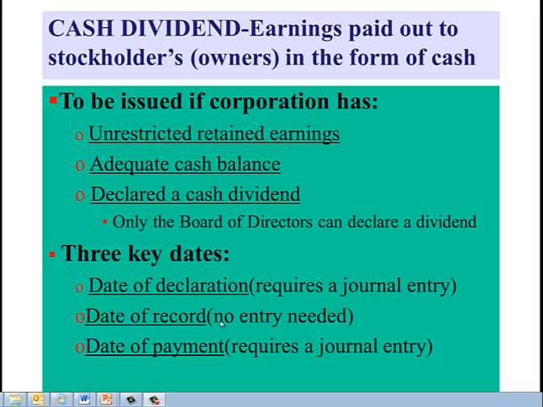This requires no journal entry. It just indicates which shareholders will be getting the dividend. So whoever owns the stock on the date of record will be the stockholders who are entitled to the dividend. And then, of course, the date of payment. That's the date that the dividend is paid, and it does require a journal entry.